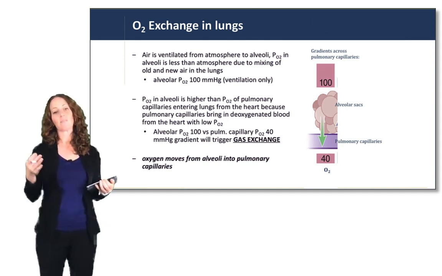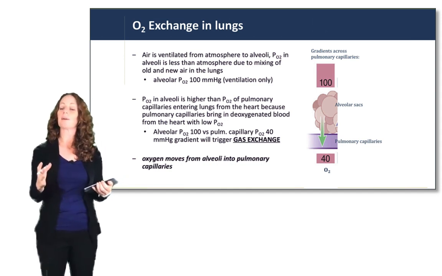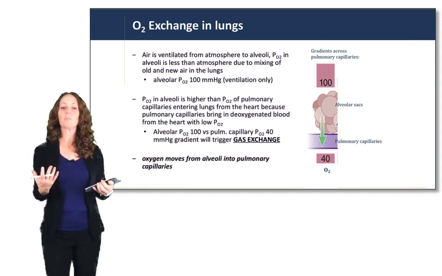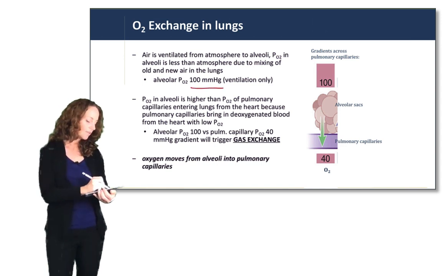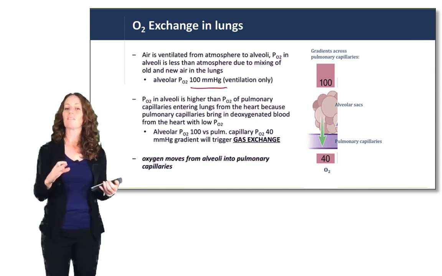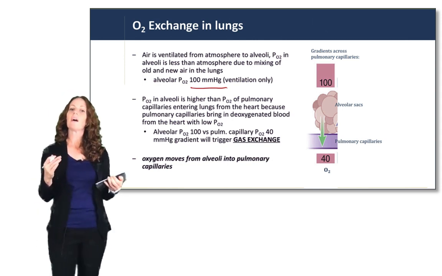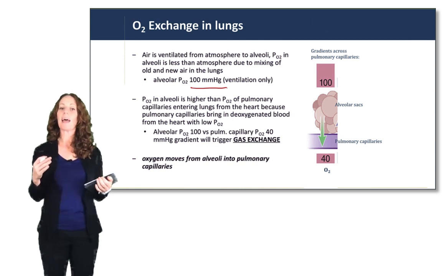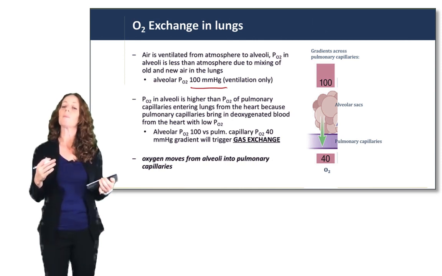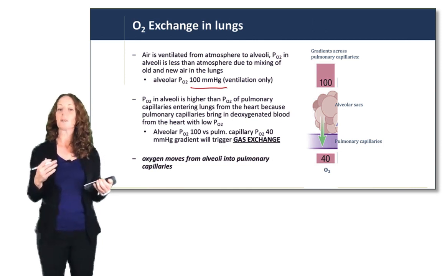Air is ventilated from the atmosphere to the alveoli. It mixes with old air, and the alveoli partial pressure of oxygen is 100 millimeters of mercury. That oxygen level in the alveoli is higher than the oxygen level of the deoxygenated blood entering the lungs from the pulmonary arteries. That level of oxygen is 40.